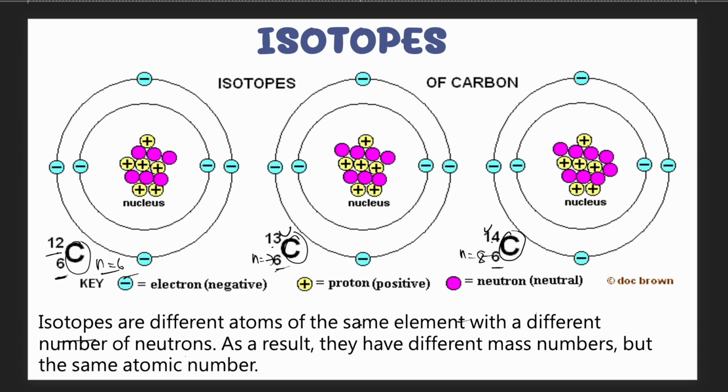So they have similar chemical properties because they are all carbon, but different physical properties because this one is heavier, as its mass number is 14. So physical properties of isotopes are not the same; only the chemical properties are similar.